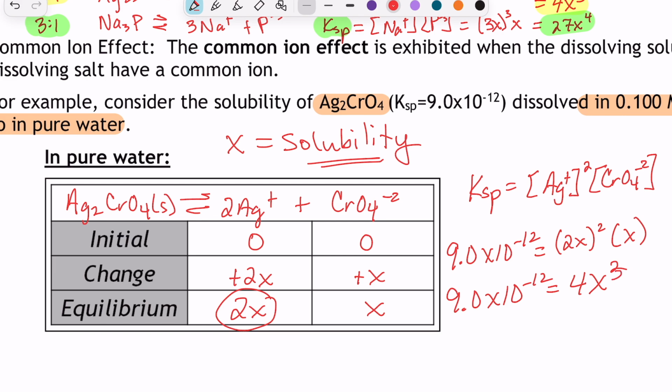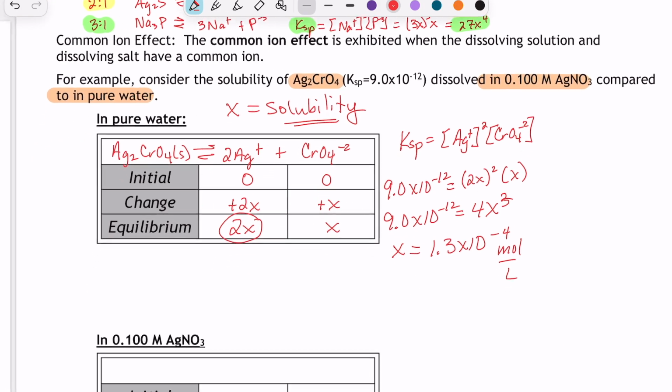So when we solve for x, when we do the math, we get 1.3 times 10 to the negative 4 moles per liter. Okay, so that's the solubility.